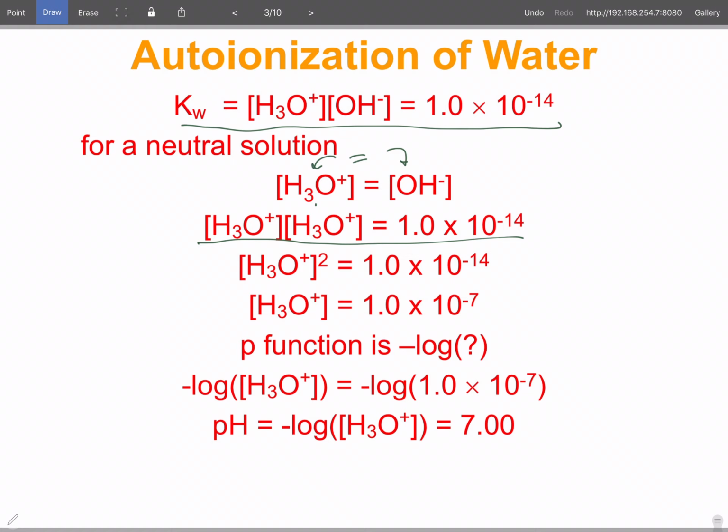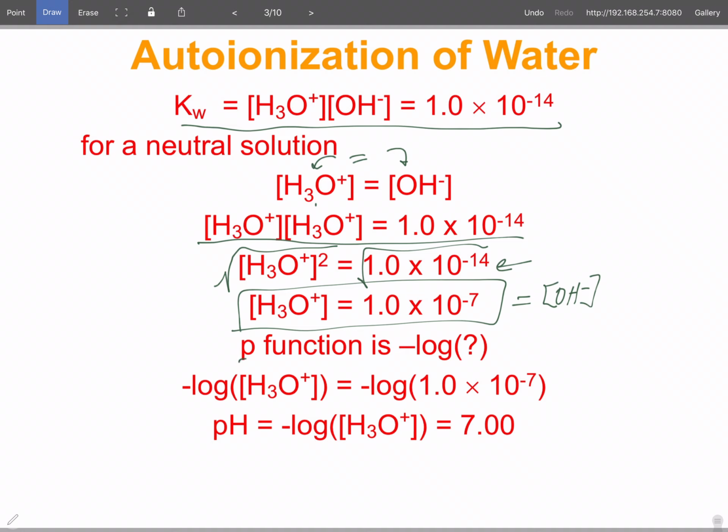So we just rewrite it. And so here we're going to take the square root of both sides, and if we do that, we end up with, for a neutral solution, H3O plus is 1 times 10 to the minus 7. That also means, because we said that for a neutral solution they're equal, OH minus is the same.